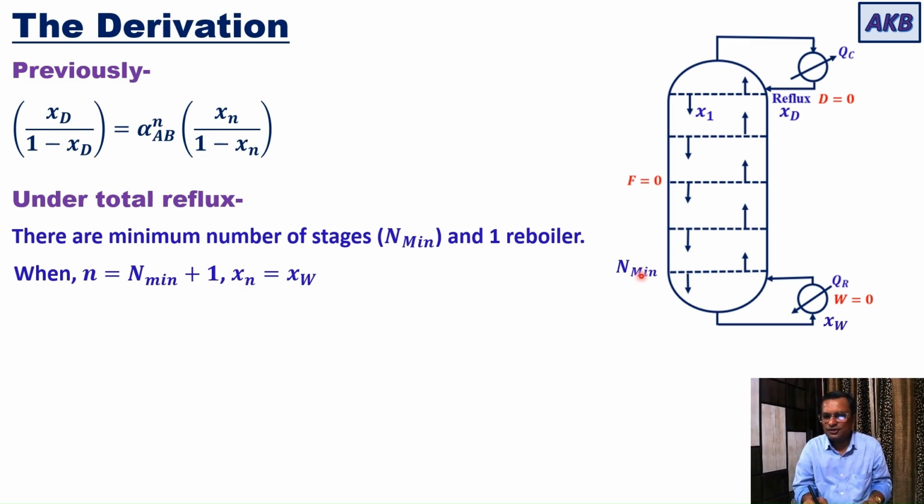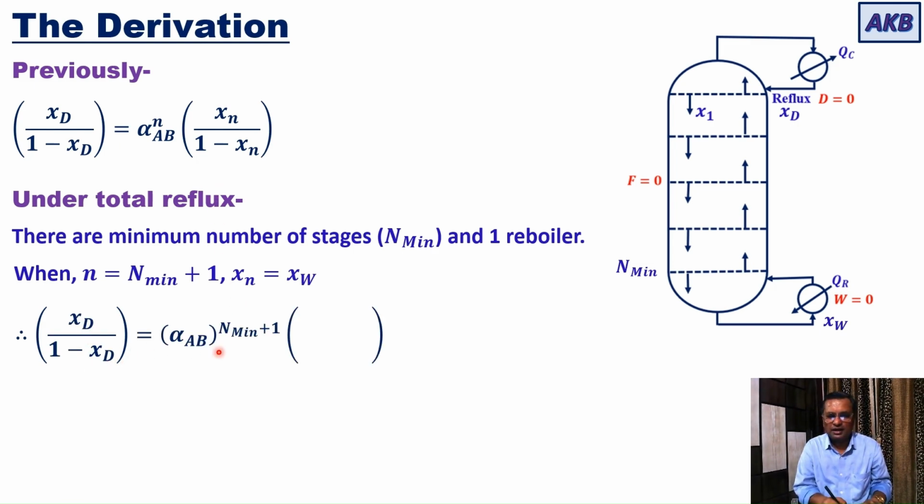That means after n minimum plus reboiler, you are arriving at the reboiler where the composition in the liquid solution is xw. So we are going to use this information. When n is equal to n minimum plus 1, xn is equal to xw. So let us use it. xd upon 1 minus xd is equal to alpha AB raised to n minimum plus 1.